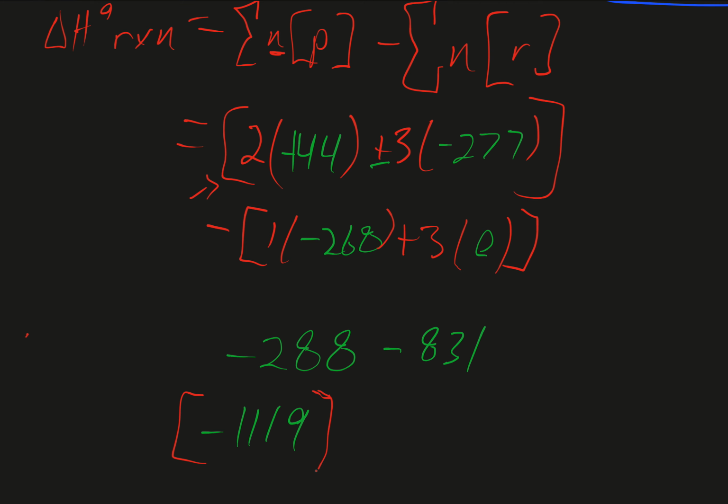And so this, we want to subtract it by that of the reactants. And in the reactants, we see that we only have that negative 268 to worry about. It's going to be minus the reactants, but in this case, because there's 2 minus symbols of the negative 268, this is going to become a positive. And so we're going to add the 268 to this number.